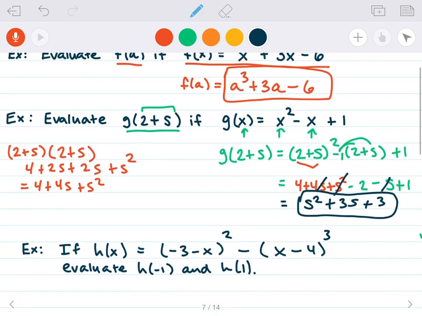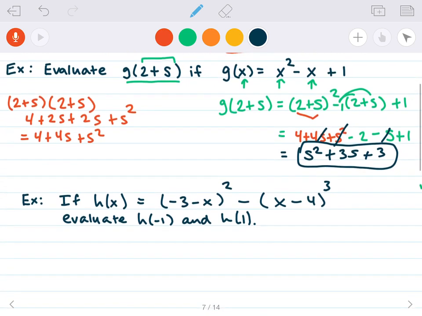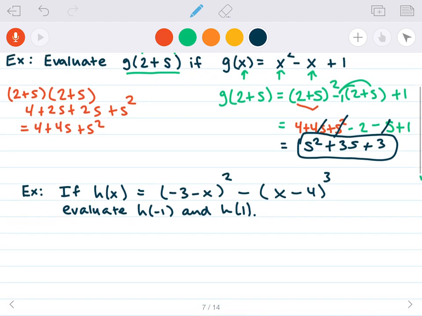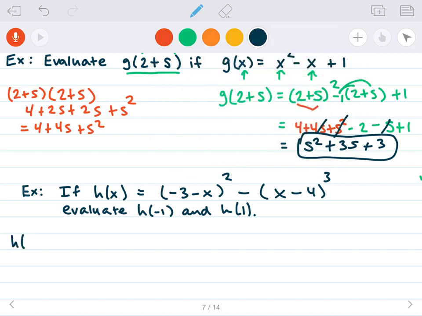Okay. If h of x equals -3 minus x squared minus x minus 4 to the third, evaluate h of -1 and h of 1. Okay, so let's do h of -1 first. So anywhere we see an x, we're plugging in -1 into our function.